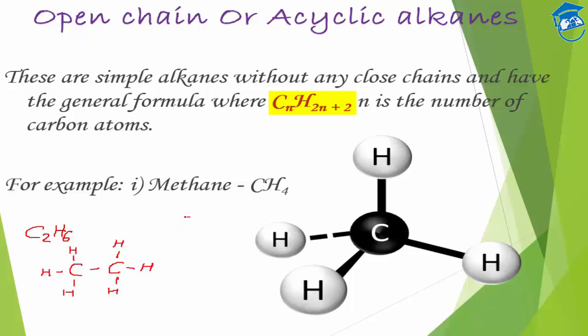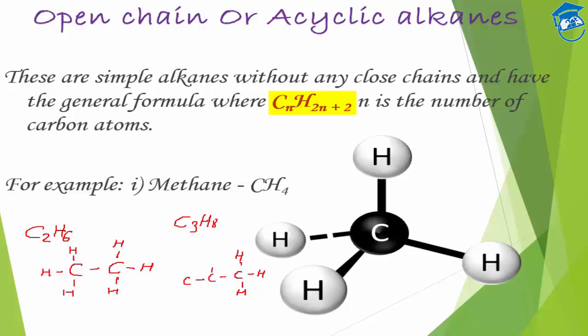Similarly, if we put n equal to 3, then we will get C3 and 2 into 3, 6 plus 2, 8. So C3H8. Again, we can draw the structure: carbon-carbon single bonds, and then attach the maximum number of hydrogens to each carbon atom so that the valency of 4 is satisfied.